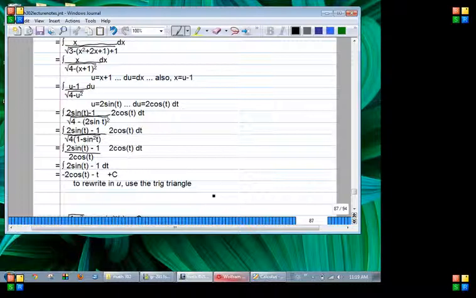So, what does our triangle tell us? What was the substitution that we made? u equals 2 sine t. Therefore, what sides do we know here? Sine t would be equal to u over 2. Right, so it would be opposite over hypotenuse. So the opposite is u, the hypotenuse would be 2.